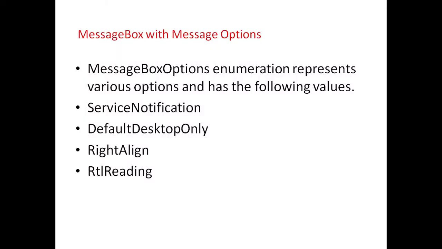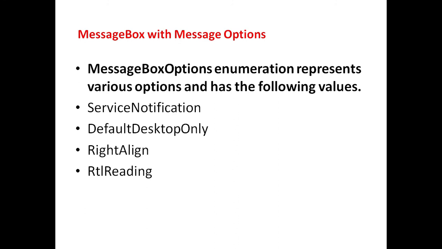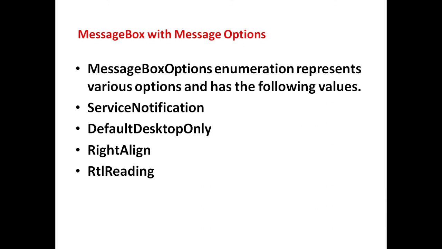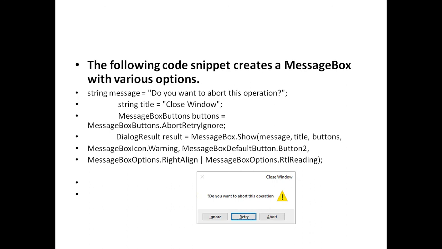Next we will see message box options. MessageBoxOptions represent various options and have the following values: ServiceNotification, DefaultDesktopOnly, RightAlign and RtlReading. The following code creates a message box with these options.